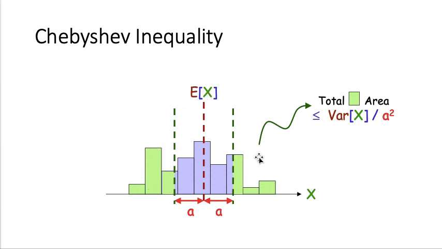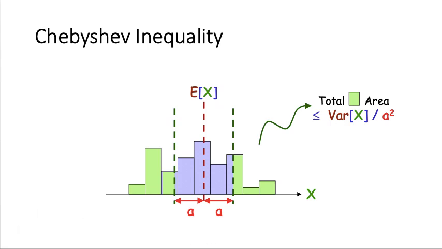The green box corresponds to the cases where X is deviating from E[X] by at least a. Chebyshev's inequality says that the total area of this green part cannot be very large. It is always smaller than or equal to the variance of X divided by a squared.